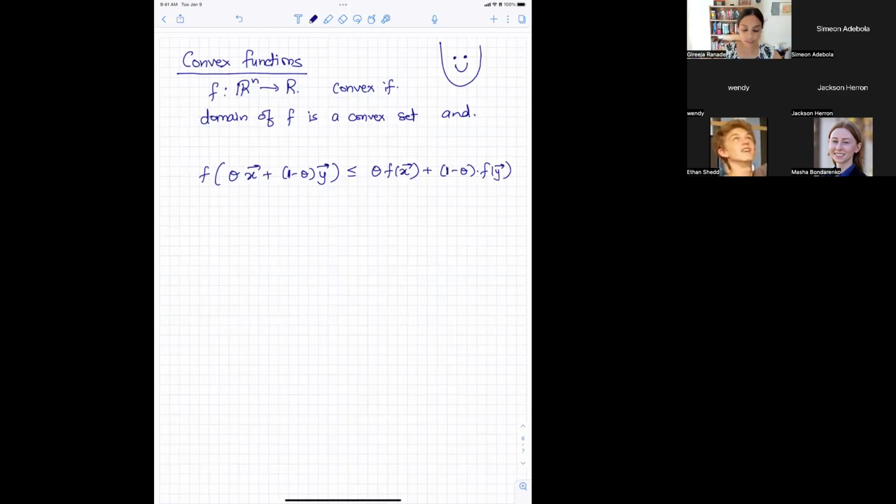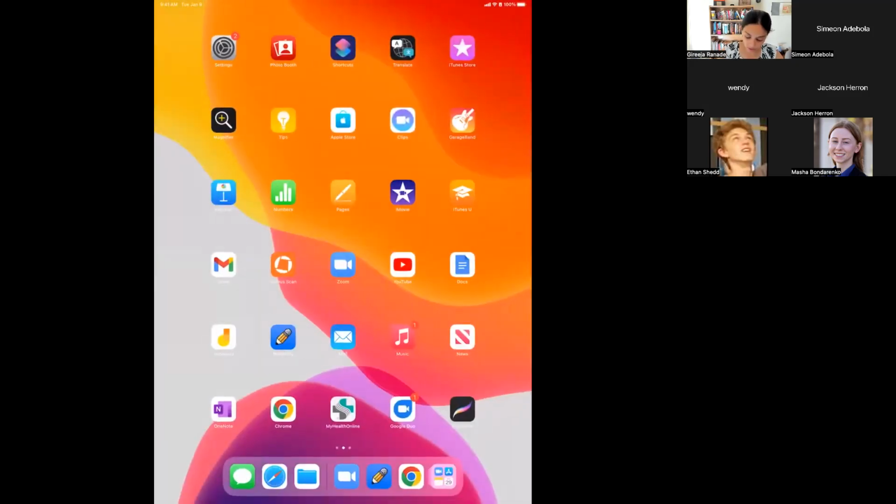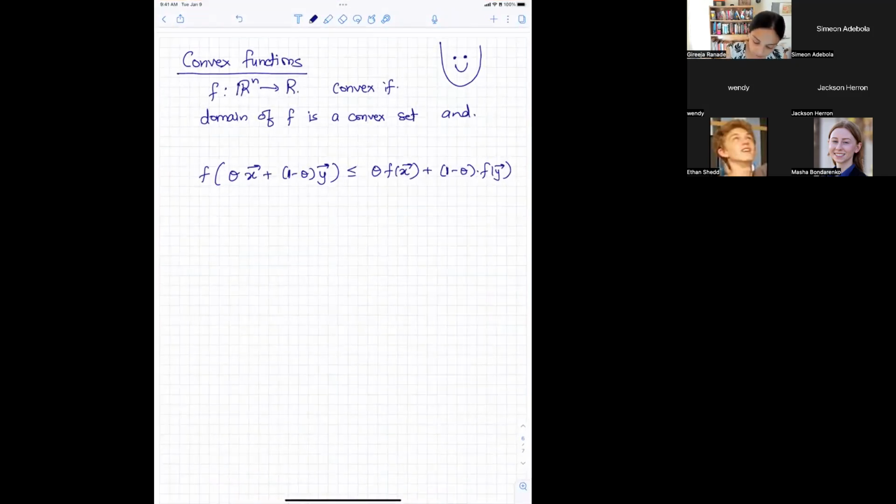But one easy way to remember is the following. Here, of course, I should write theta between 0 and 1. This inequality is called Jensen's inequality, which is something that you should know the name of.